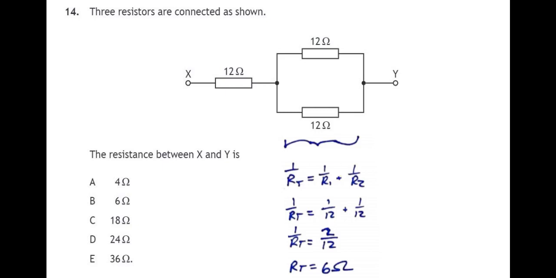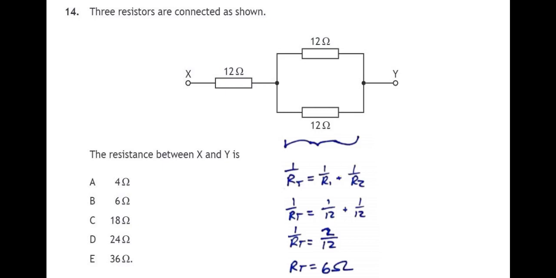And that is, if we've got two identical resistors arranged in a parallel circuit, then the total resistance of those two resistors will be half as much as one on its own. In this case, half of 12 is 6. So we could have cut out having to do that calculation if we'd noticed that to begin with.